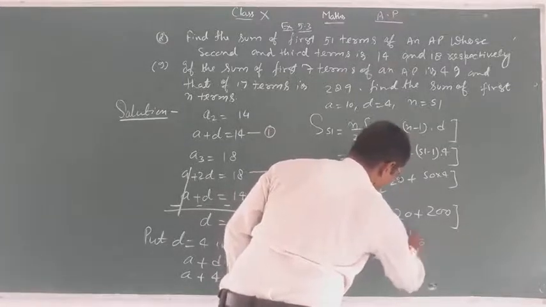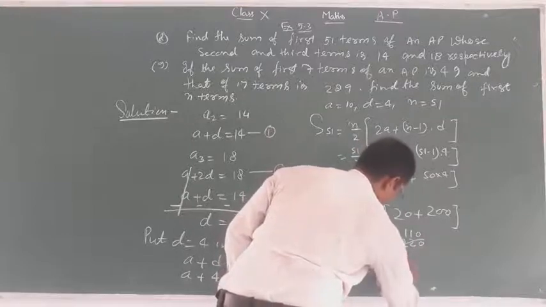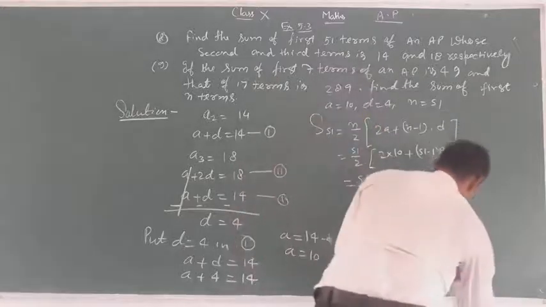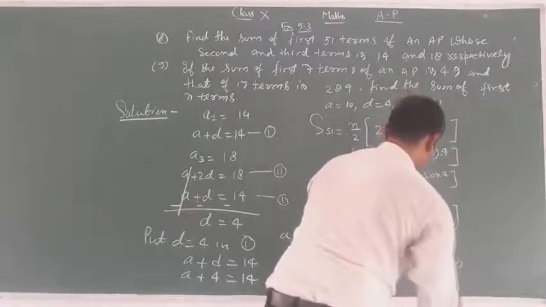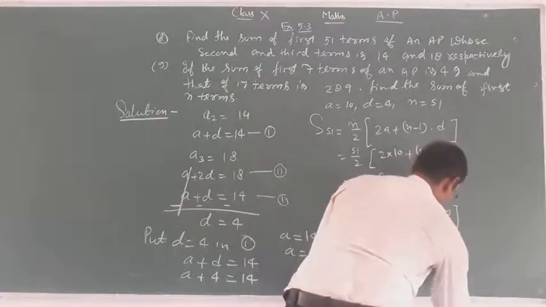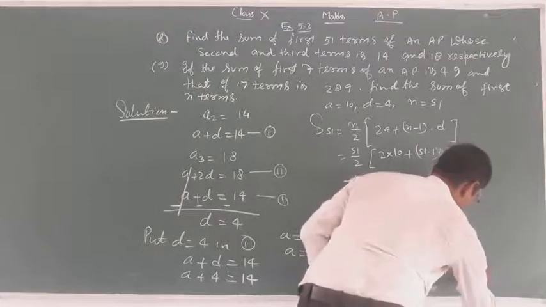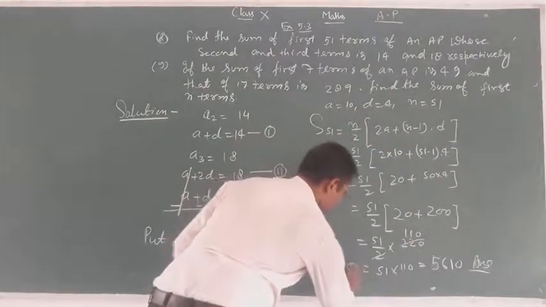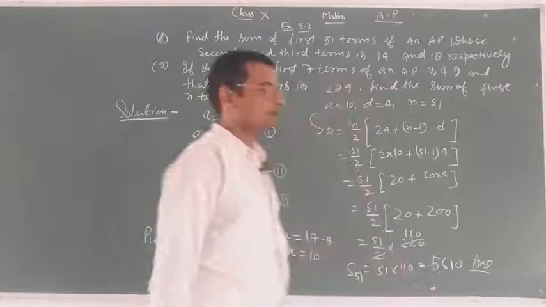So 51 into 110, this is 5610. So this is the answer: sum of 51 terms is 5610.